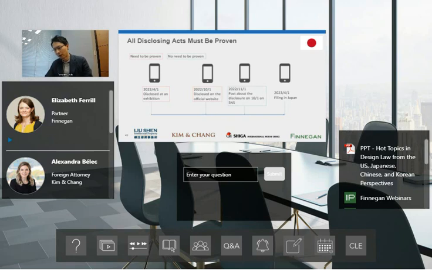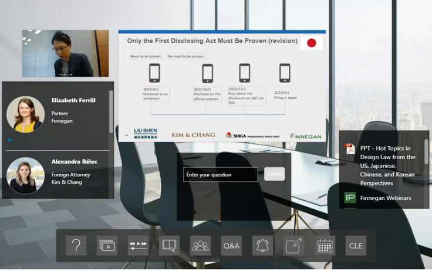But as you might understand, a design is often disclosed many times, and it is sometimes very difficult to identify all the disclosing acts. So the JPO decided to relax this requirement. After the revision, only the first disclosing act must be proven.